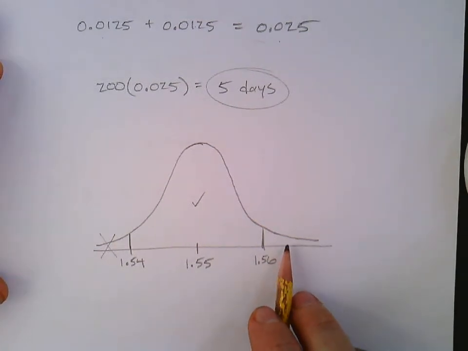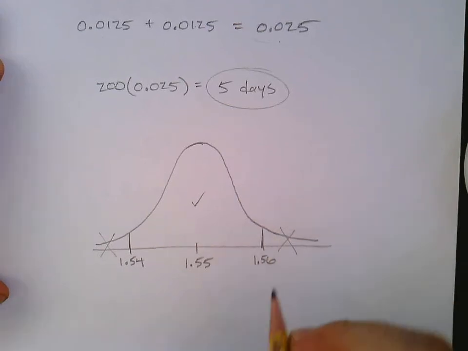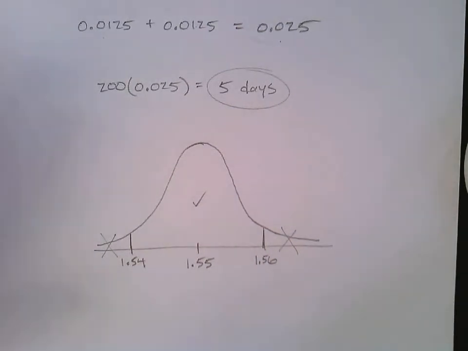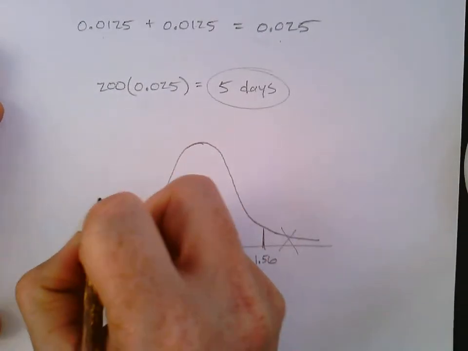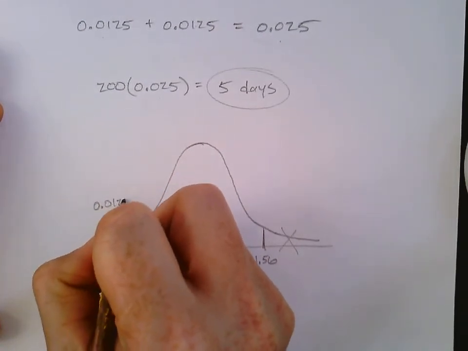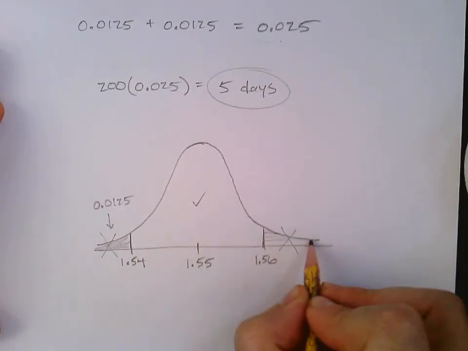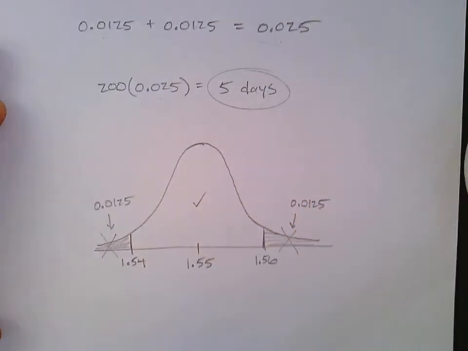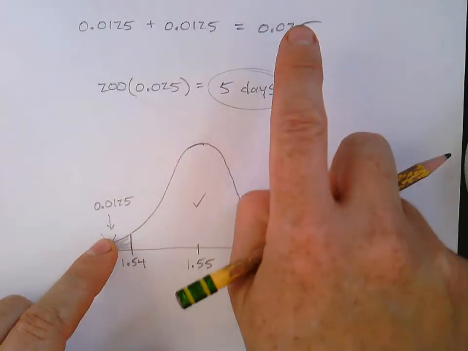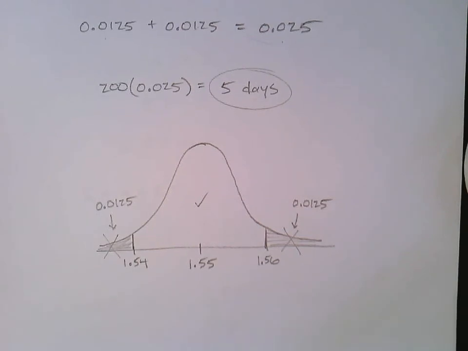Or if the average from our sample of 20 is up here, again, something's off with our machinery. So what are these probabilities? And we found this one to be 0.0125. And likewise, we found this one to be 0.0125. And so what's the total probability of something bad happening? Well, add them together, and then we account for the fact that there's 200 days that they operate.